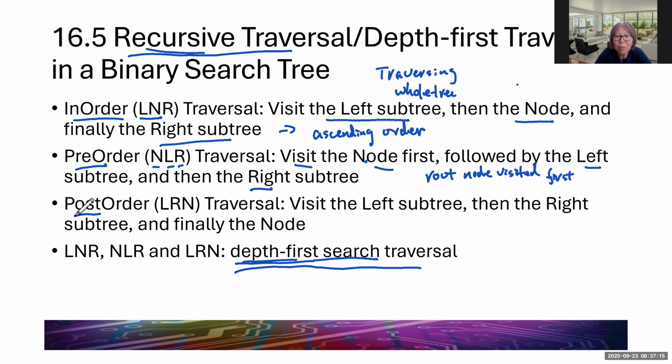And the last one, the third one, is called post order. So left, right, and node. So left subtree, right subtree, and then node. So the root will be lastly visited.